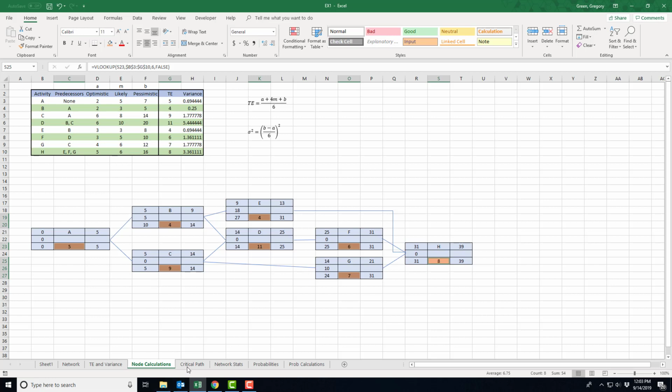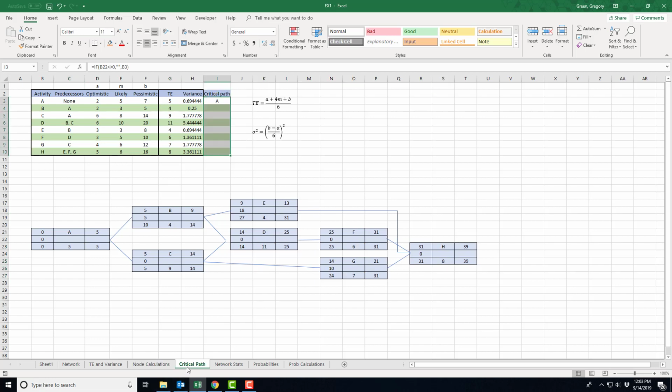Okay? Now what I have to do is find the critical path. Well, the critical path is, I need to look at the slack time in each node, and I'm looking for a path through this decision tree where along the path every node slack time is 0. One way I have found to do this is to use this if-then function.